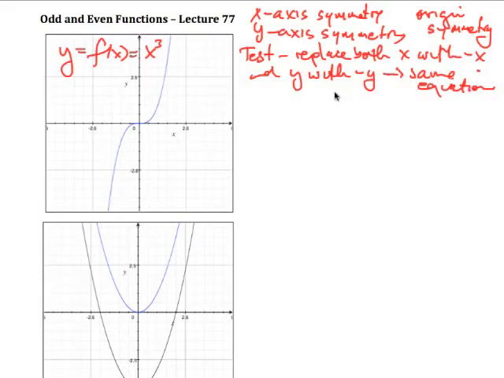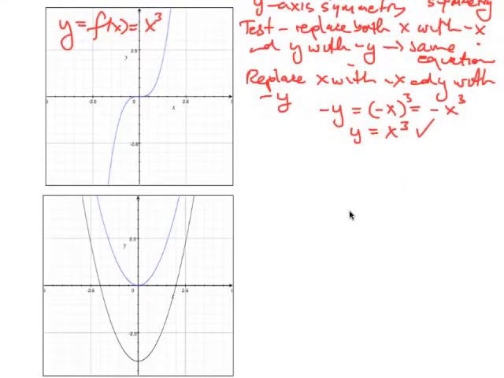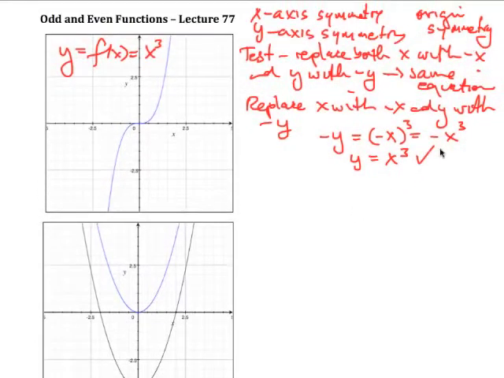So let's replace x with negative x and y with negative y. In this one here, we'd have negative y equals negative x cubed. Multiplying both sides by negative 1 gives me this, and so I end up with the same thing. And so we have origin symmetry.